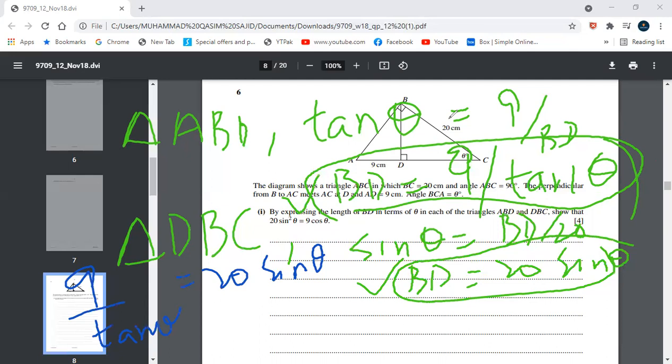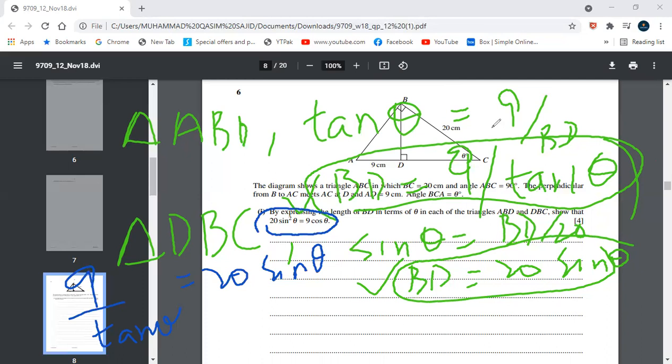Now here we have to find that 20 sin square theta equals to 9 cos theta. So here equals to 20 sin theta and here is the value that is tan theta. So how to find? Now I think tan we have to convert into sin upon cos. Yes, definitely. First we have to multiply sine on both sides. So I am going to raise all. Have you written down?